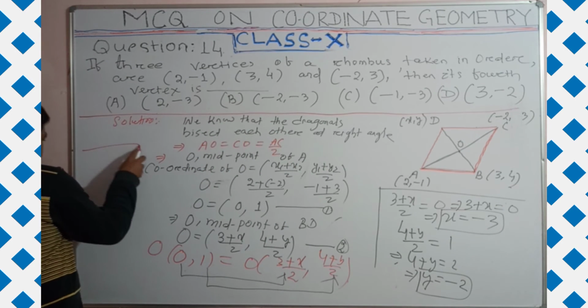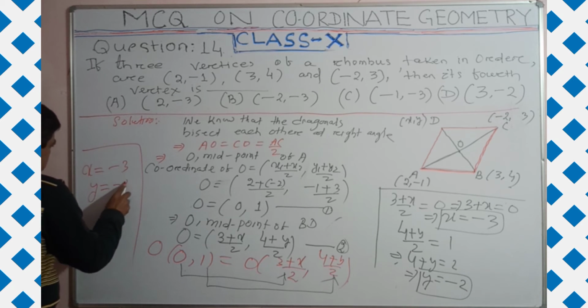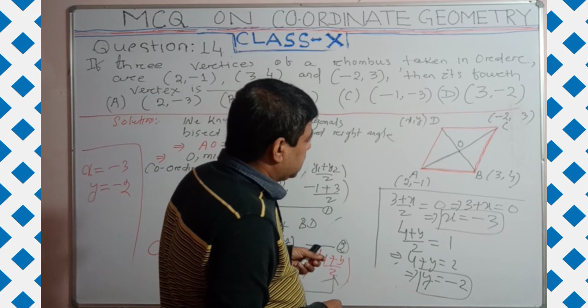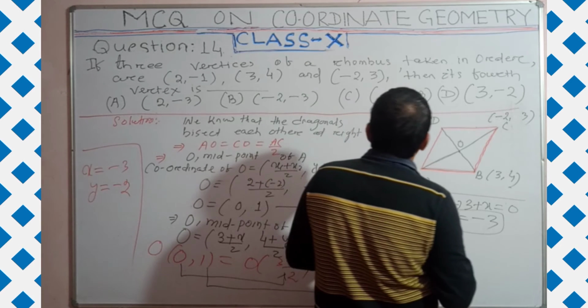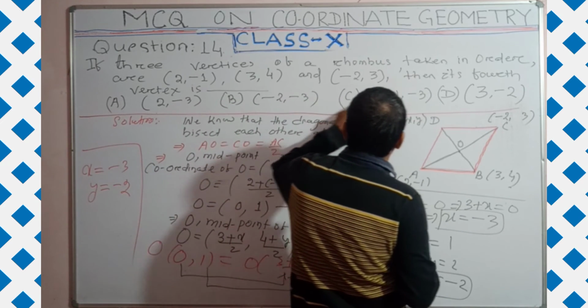Here we got the fourth vertex, x value is minus 3 and y value is minus 2. So its fourth vertex will be (minus 3, minus 2).